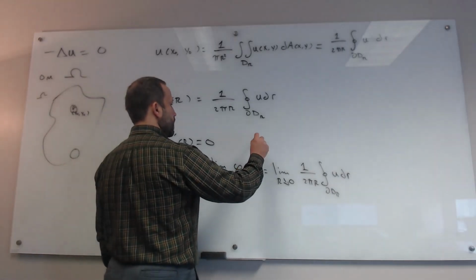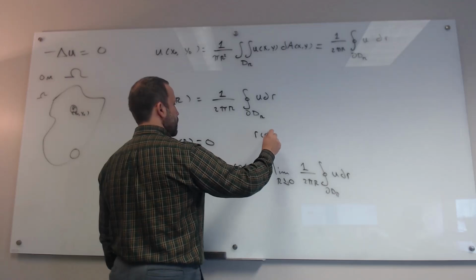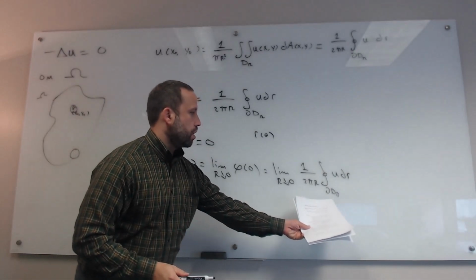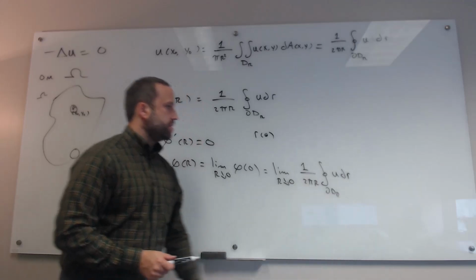So I'm going to introduce a parameterization. Not switch to polar coordinates, but I want to get a parameterization for this curve here and write out what this is as a line integral.